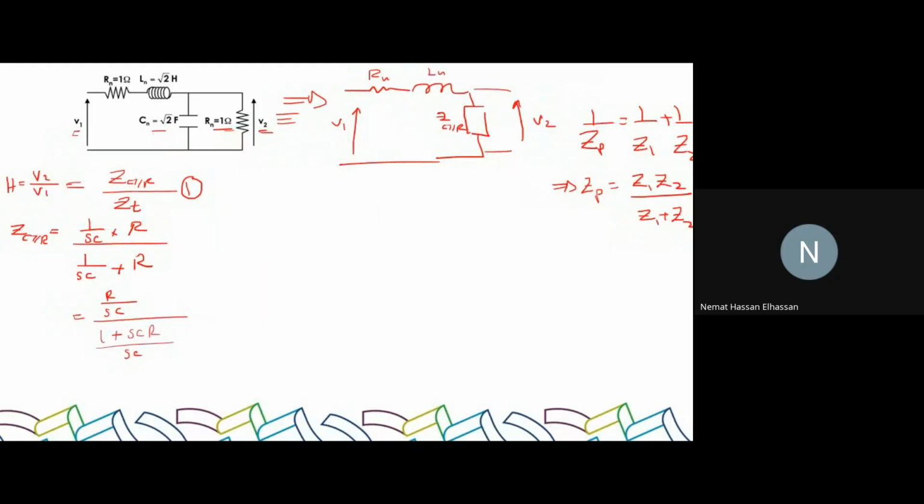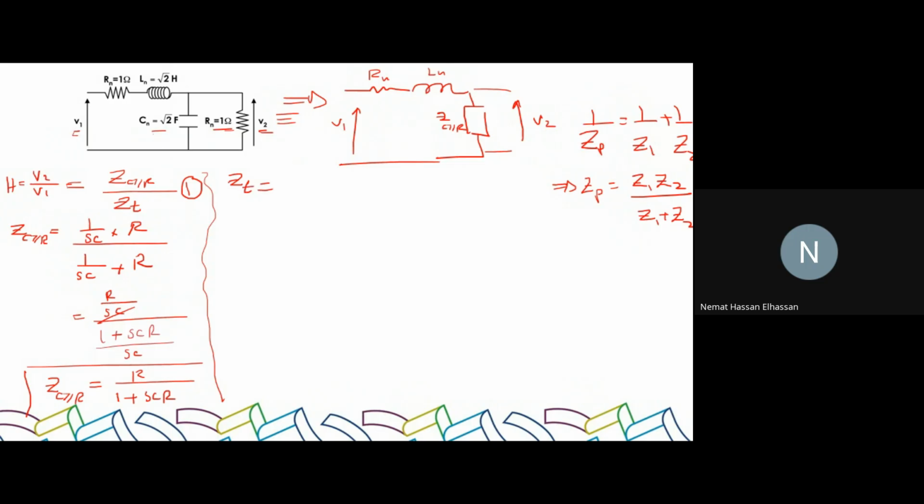Okay. So what happens then? This C and this C cancel each other out, and what we have left is R divided by 1 plus SCR. This is ZC parallel to R, right? Okay, now let's calculate the total.